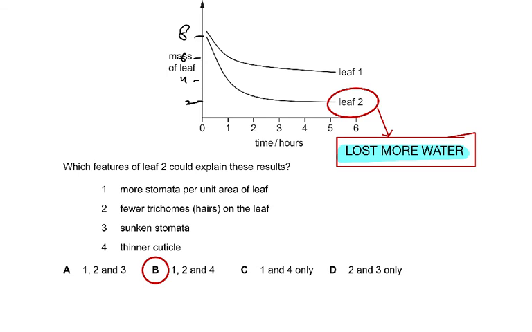Sunken stomata would conserve water. It won't let so much water be lost. Maybe leaf 1 had sunken stomata because it didn't lose so much water. So the same question, I could change it and say, what features of leaf 1 could explain these results? And you would only say 3, because you see leaf 1 lost less water.